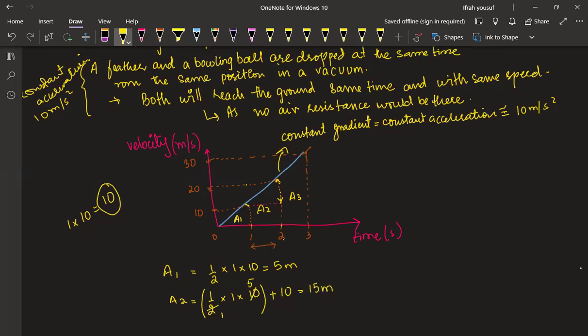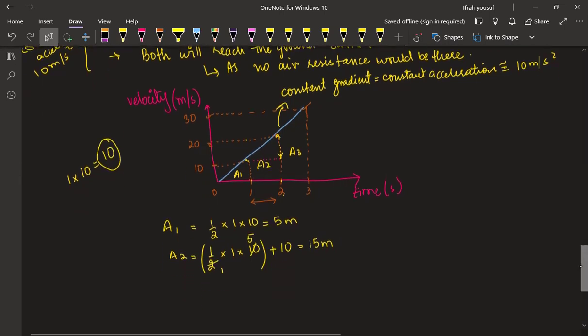Okay, so what should be the area 3? Now, can you tell me the total value yourself? Area 3, A3. So the base is 1. To find the area of the rectangle, it's 20 times 1, which is 20 meters.